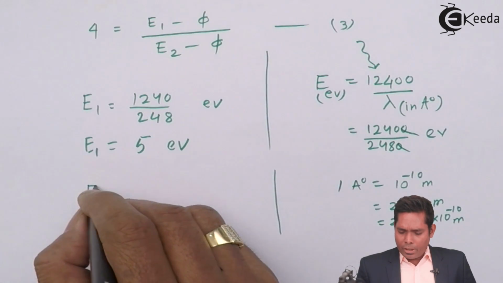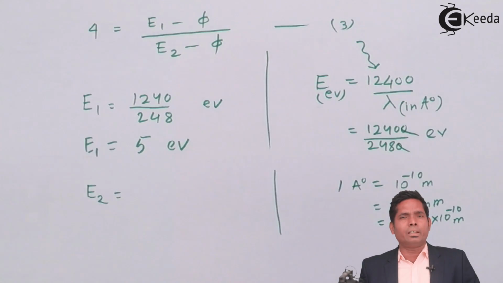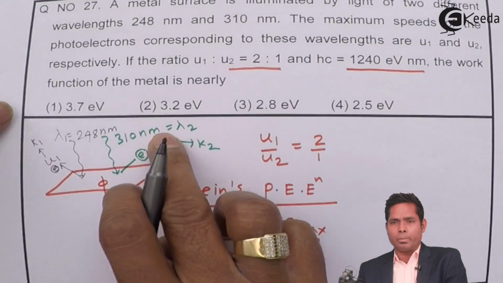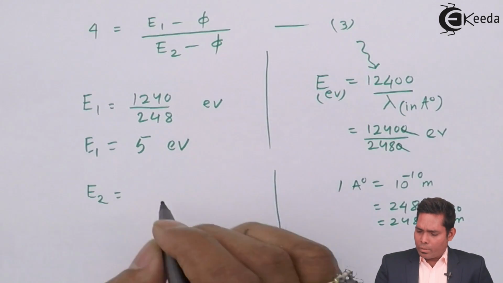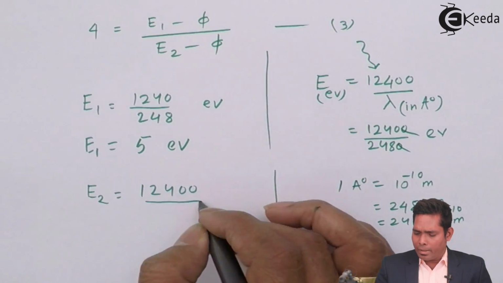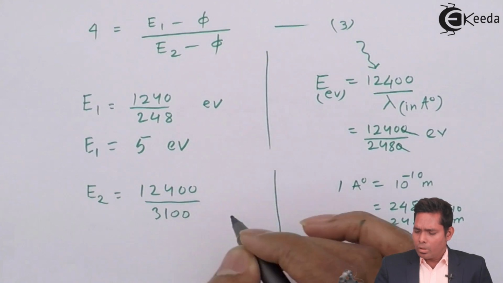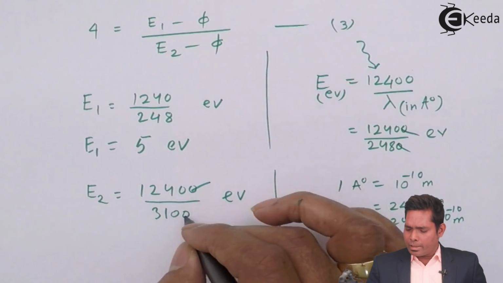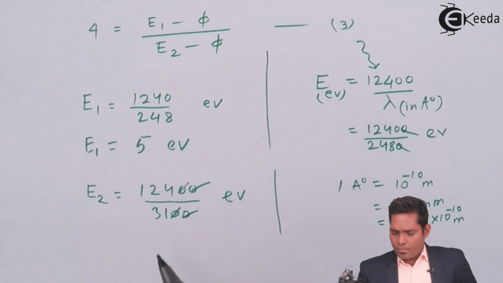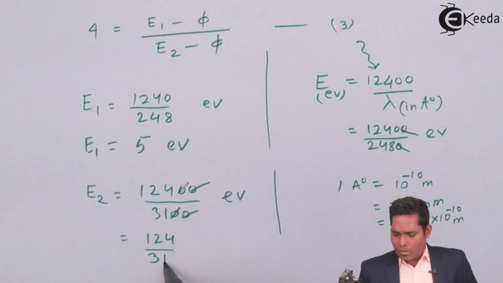Similarly, we have to find E2, when the other incident wavelength is 310 nanometer. If I use that again, then it is 12400 divided by 3100. This is in electron volt, 00 cancels, then this also 0 cancels. This is 124 divided by 31.